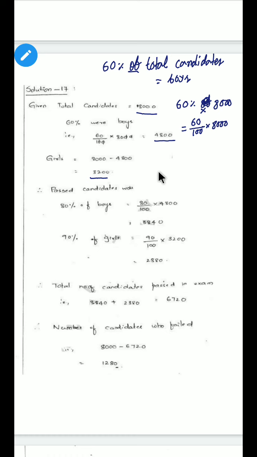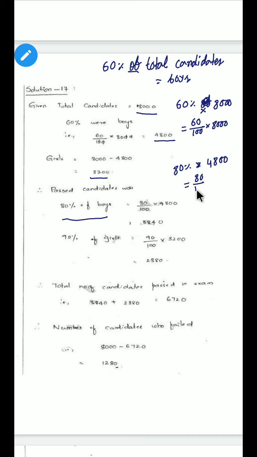Now it is telling you that 80% of the boys and 90% of the girls passed in the examination. 80% of boys means 80% of, multiplication, the total number of boys, 4,800.